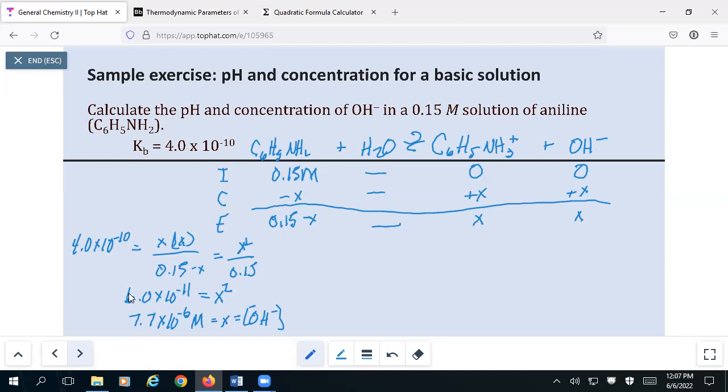So what we're really interested in here, this concentration of hydroxide is going to allow us to calculate the pOH. pOH would be equal to 5.11 in this scenario.